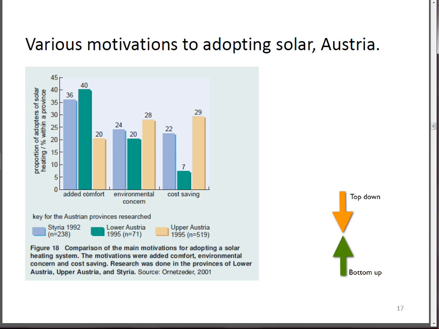Added comfort is a very important factor, environmental concern is also an important factor, and cost saving varies depending on whether it's Lower Austria or Upper Austria. So the various motivations for adopting solar are again an important concept when you need to think about how you insert your product into the market, what people are after. Is it about comfort, is it about the environment, or is it about costs? In truth, it's about all three factors.